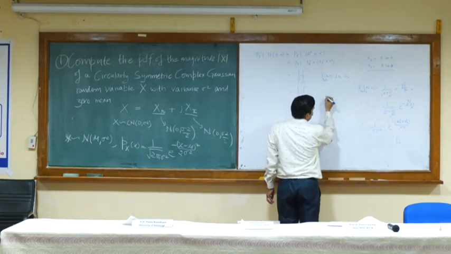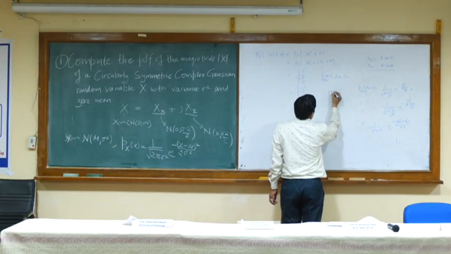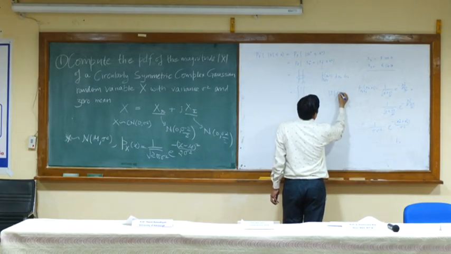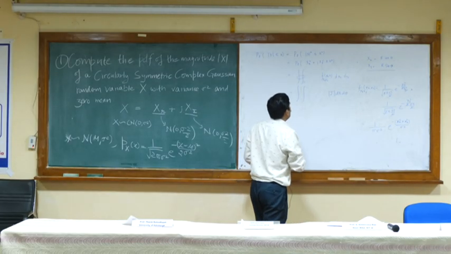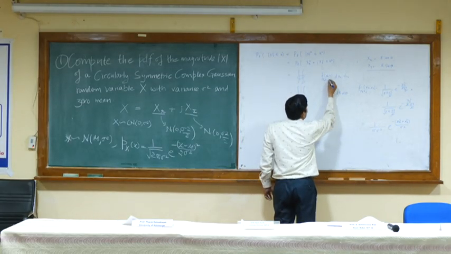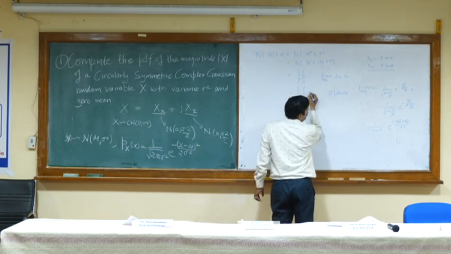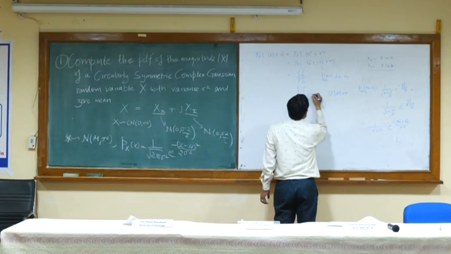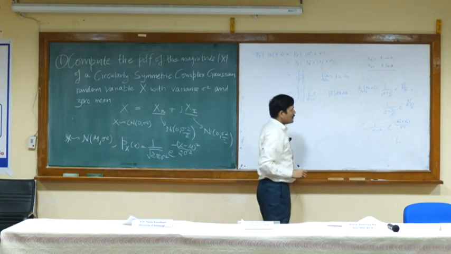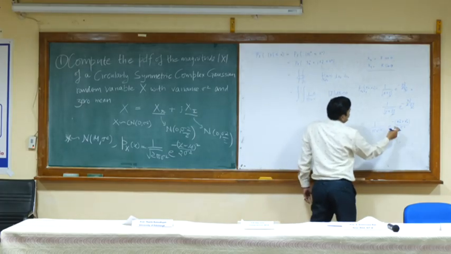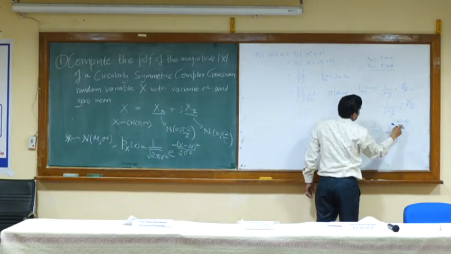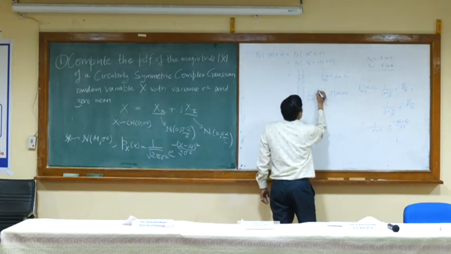So I have to write the Jacobian dr d theta, and this is what I will have here: 1 over pi sigma square into e to the power xr square. So if I put this here, what will I get? E to the power minus r square divided by sigma square.